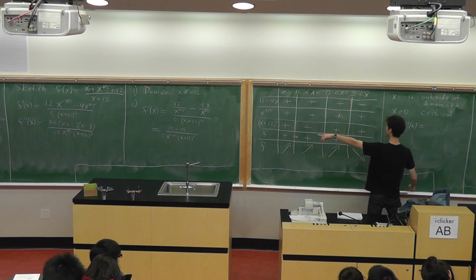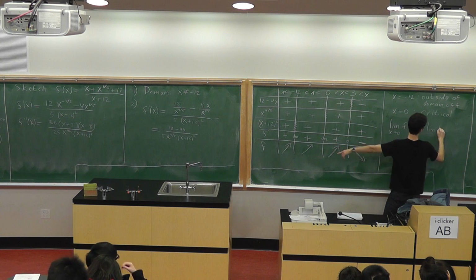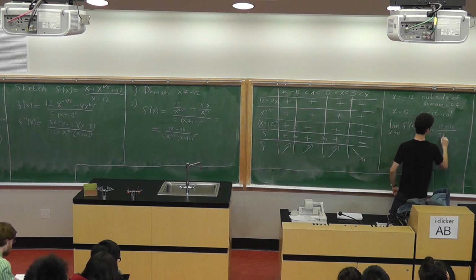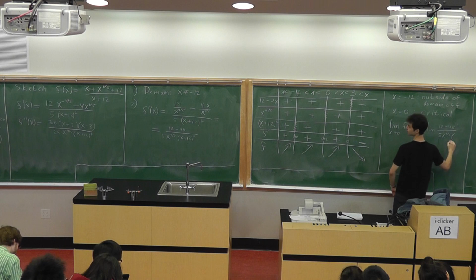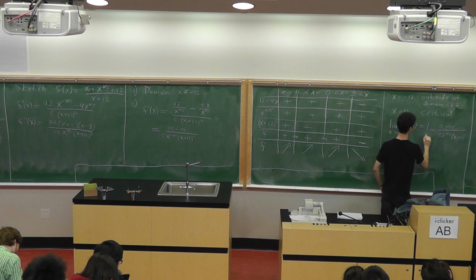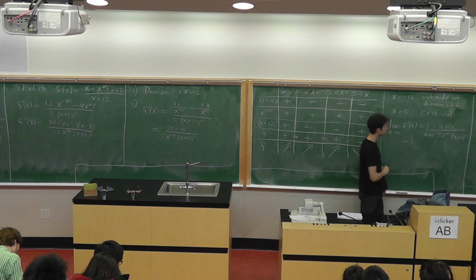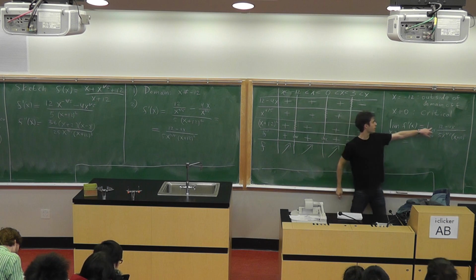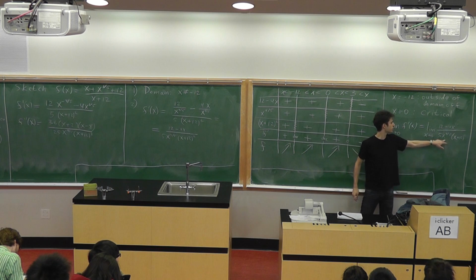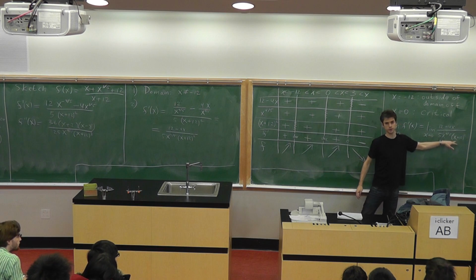So this is f prime of x, the limit of 12 minus 4x over 5x to the power 4 over 5 times x plus 12 squared as x approaches 0. So what happens here? The numerator approaches 12. The denominator, well, this part approaches 12 squared.